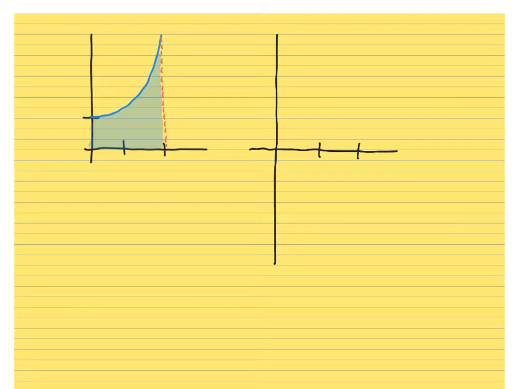So if we take our curve, I'll reproduce it here so we can have both the original region as well as this, which is called a solid of revolution. So what you want to do is imagine taking this region and rotating it. We can rotate it around any horizontal or vertical line that we want.